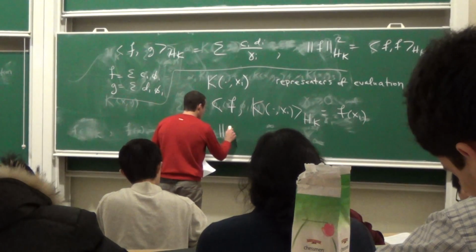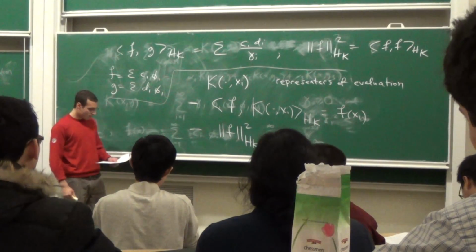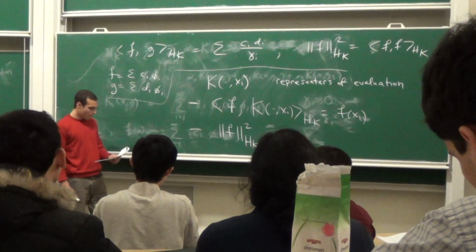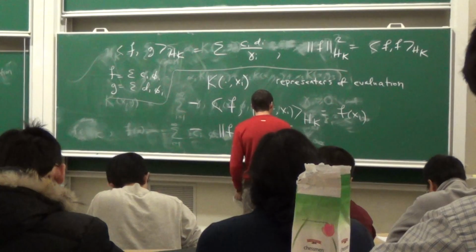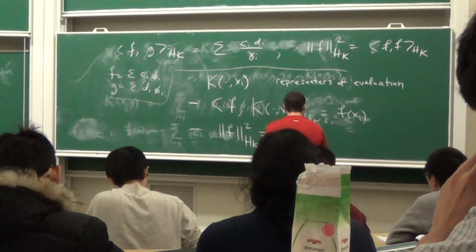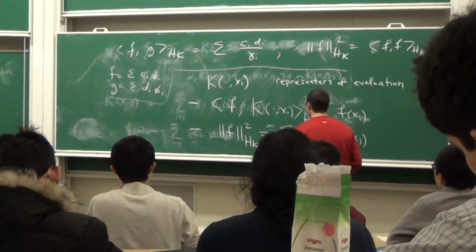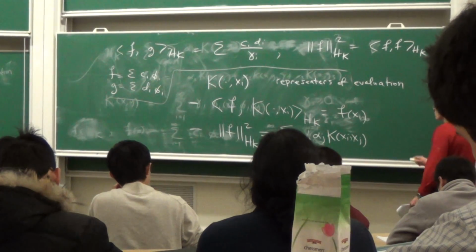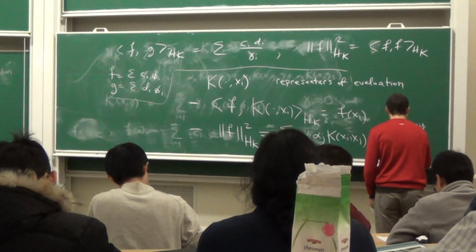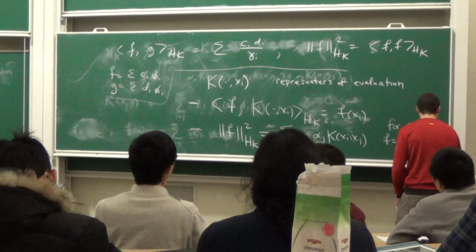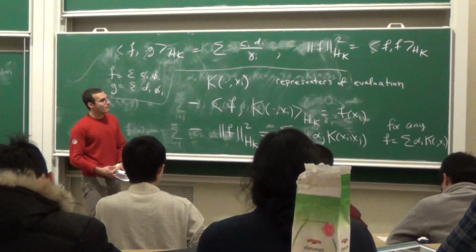Given that fact, I can actually write the norm of any function that's a linear combination of these representers as the sum of alpha_i alpha_j K(x_i, x_j), for any combination of representers.